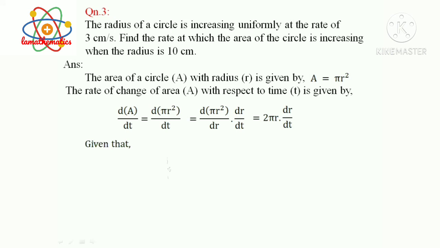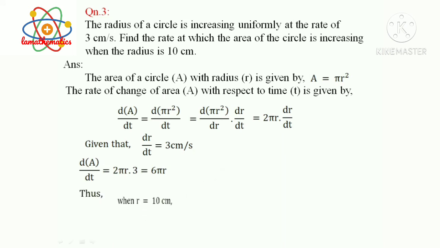Given that dr by dt equal to 3 centimeter per second. Here in question, given that the radius of a circle is increasing uniformly at the rate of 3 centimeter per second. Therefore, dr by dt equal to 3 centimeter per second. On differentiation, d by dt of capital A equal to 2 pi r into 3 equal to 6 pi r.